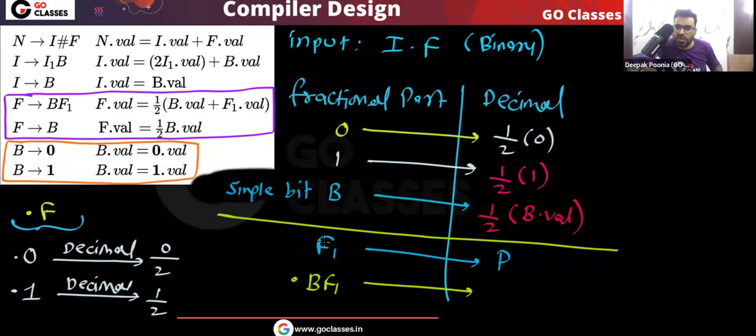Yes or no? When you do this point bf1, this b will have weight 1 by 2, and for every bit in f1, the weight will divide by 2.